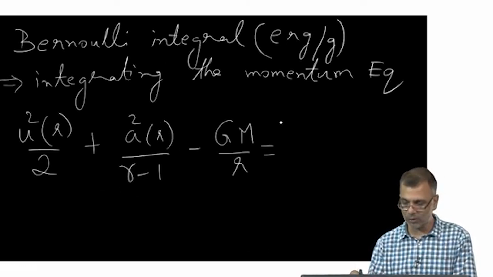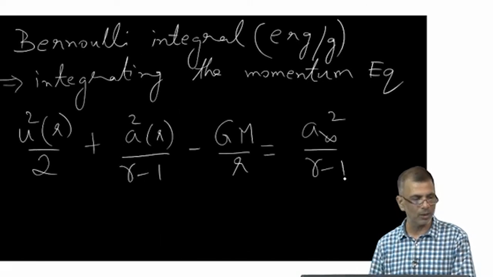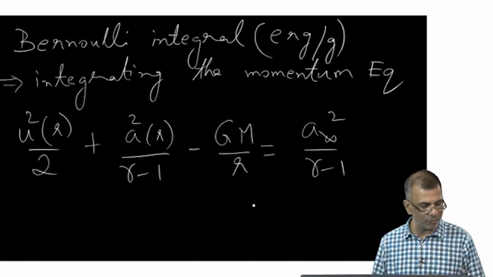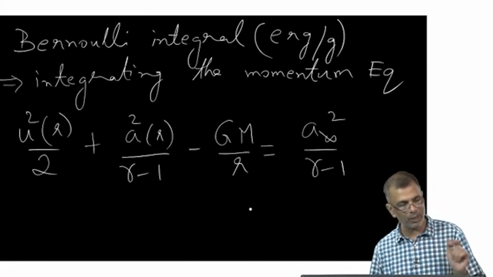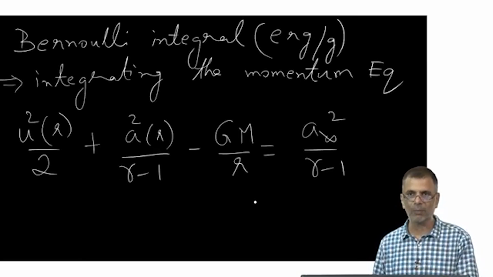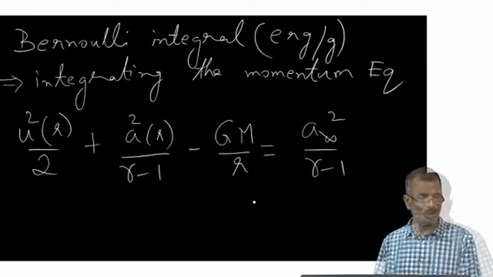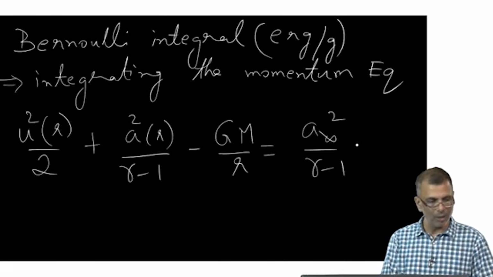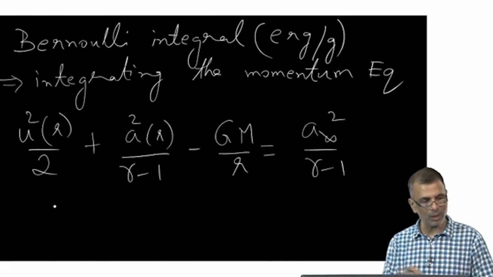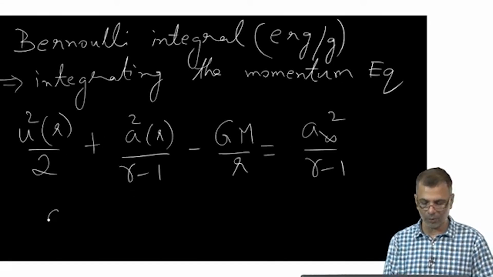So this would be equal to a infinity squared over gamma minus 1. This immediately gives you a relation between a infinity and the a at the sonic point.